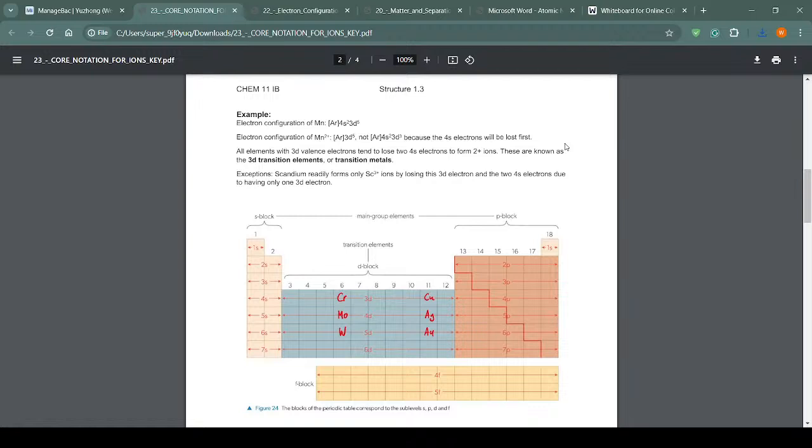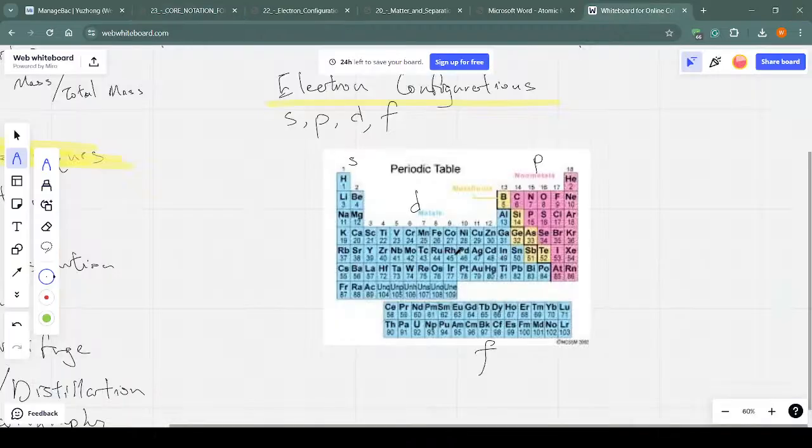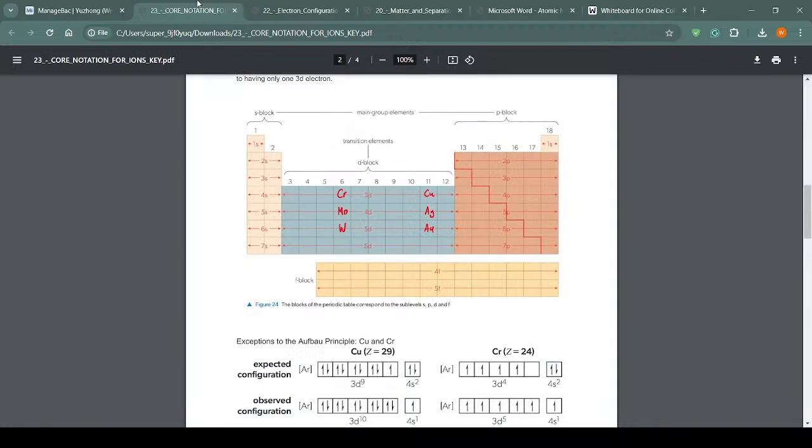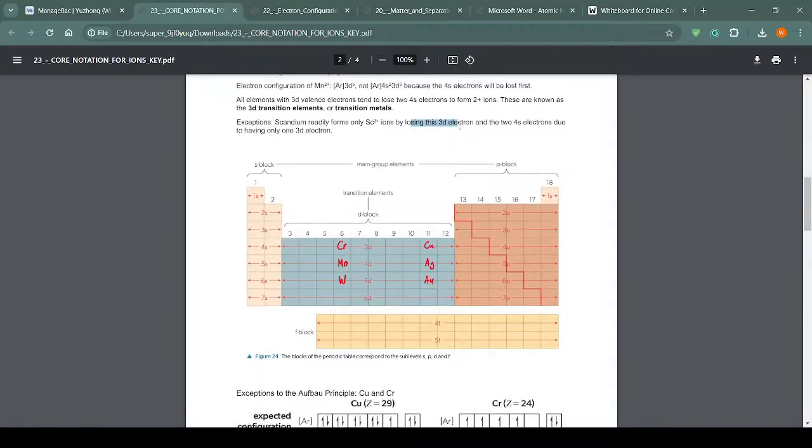They are known as the 3d transition metals or transition metals. Okay, so these are all the transition metals. Scandium readily forms only Sc3+ ions by losing this 3d. So scandium is here. Oh, so scandium can still lose its 3d electron. By losing, and so it loses all 3, due to having only one 3d electron.